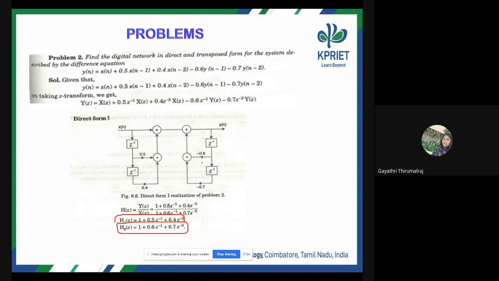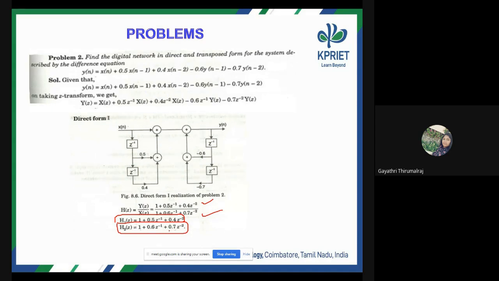Do you remember this? Your numerator will be h1 of z and the denominator will be h2 of z. With this value only you are going to proceed with direct form 2. Direct form 2 cannot be realized as such; with the direct form 1 only you can realize the direct form 2 structure.